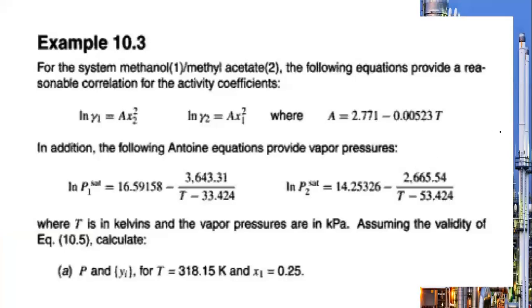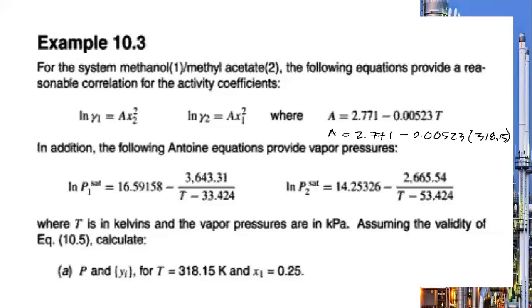So first, let's calculate A. In order to calculate A, substitute nyo lang yung temperature dito. So ang temperature natin ay 318.15, 2.771. Pindutin nyo lang po sa calculator nyo. Kaya nyo naman, nanonood ng video, nagno-note, nagka-calculator.